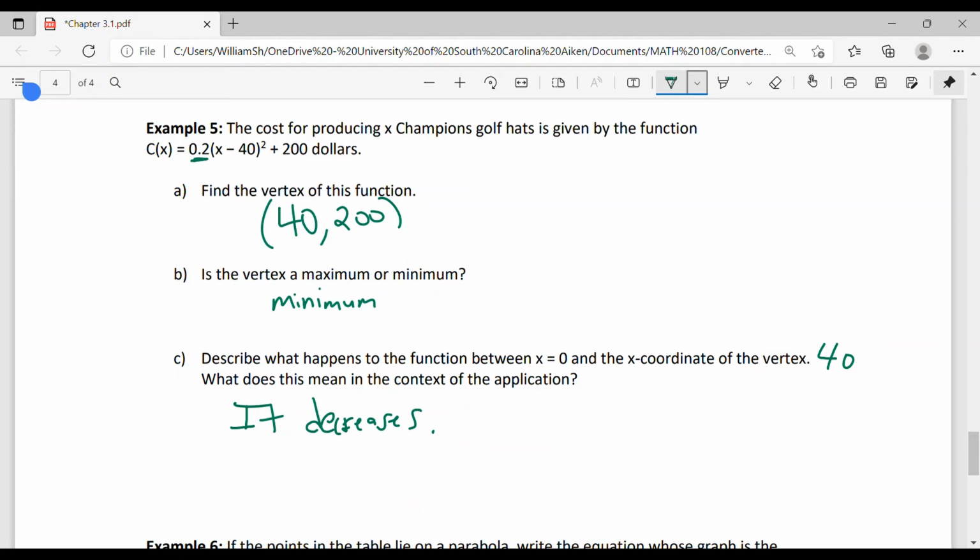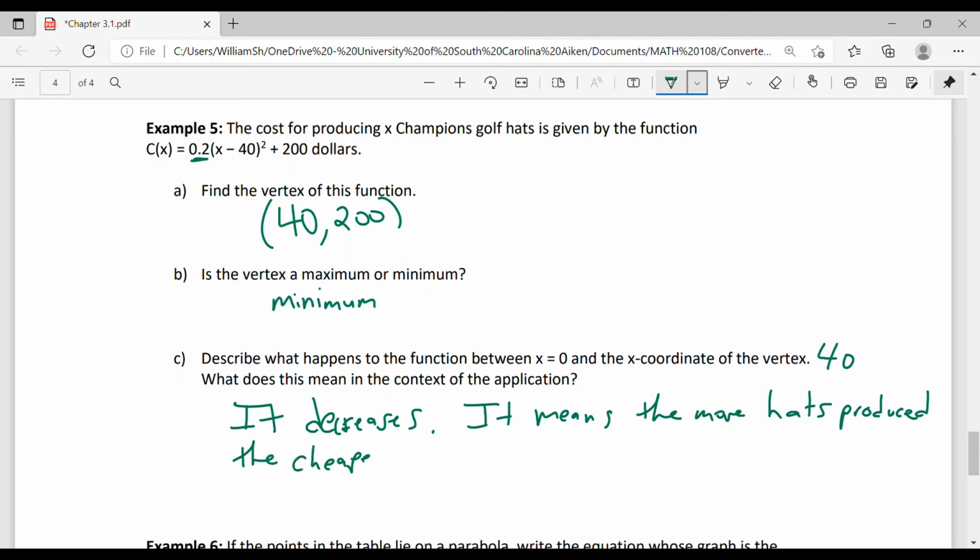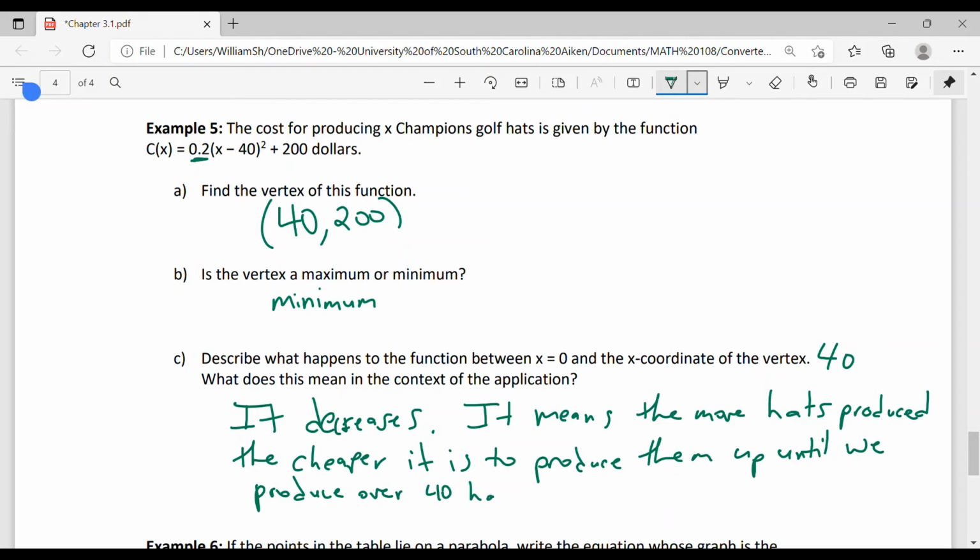And what does this mean in the context of the application? It means the more hats produced, the cheaper it is to produce them, up until we produce over 40 hats.